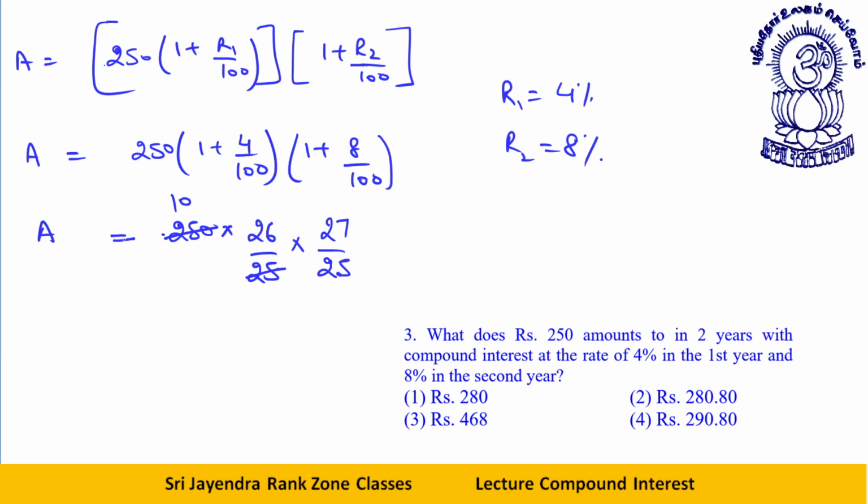But the crux is, the main thing is, this number is divisible by 27. 27 is divisible by 9. Let's check which of the options is divisible by 9. That is, the sum of the digits should add up to 9. See, if you add these, does the sum become 9? No. 280, here the sum can become 9.